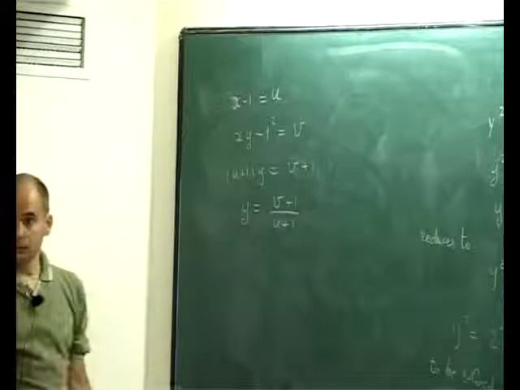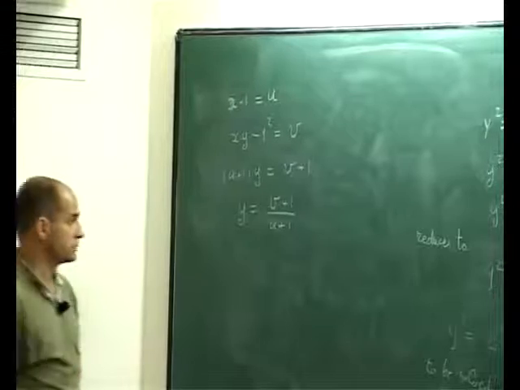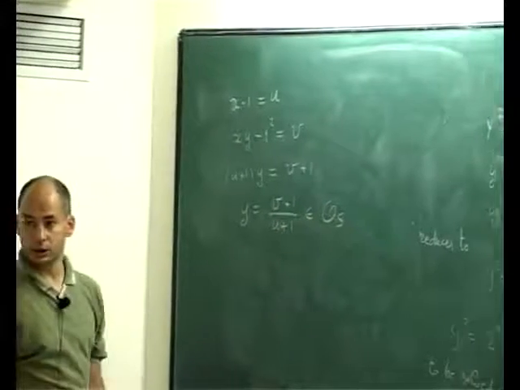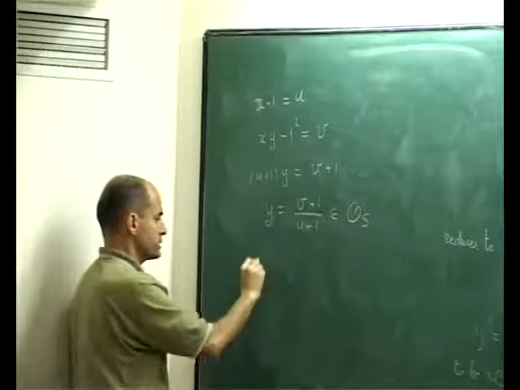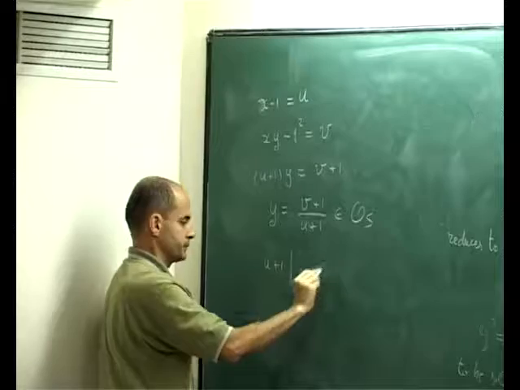So you think y is v plus 1 over u plus 1. And in this case, we have a divisibility condition. We want this ratio to be an integer, so the problem is that u plus 1 divides v plus 1.